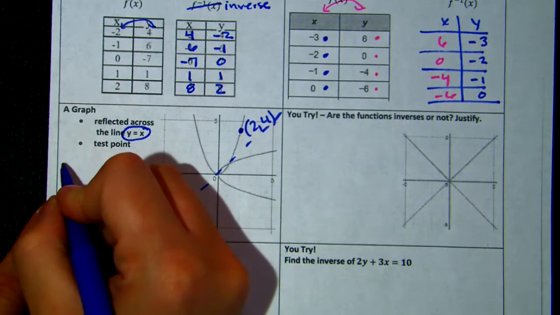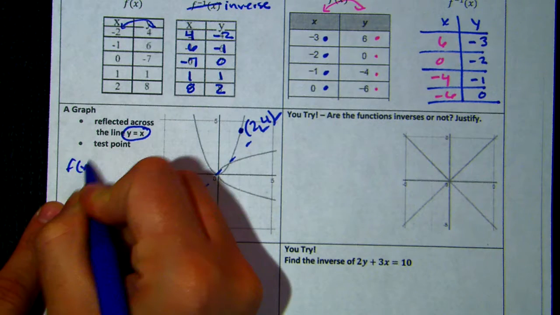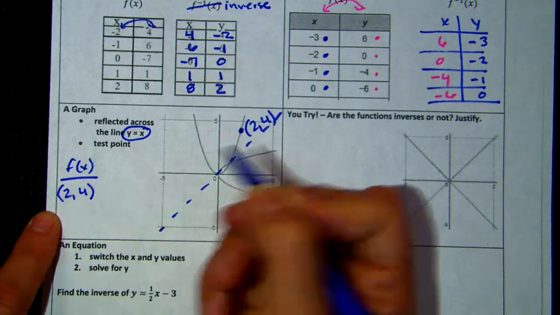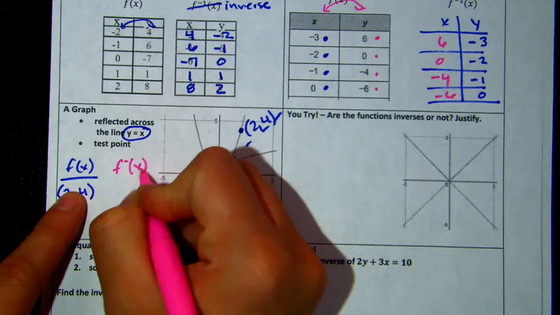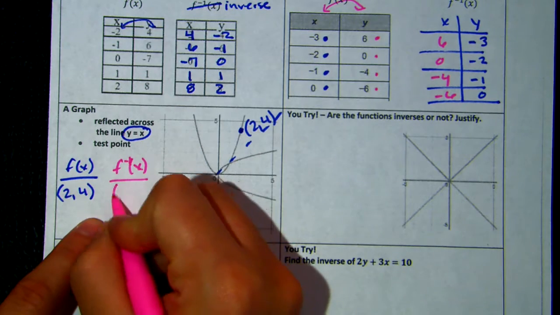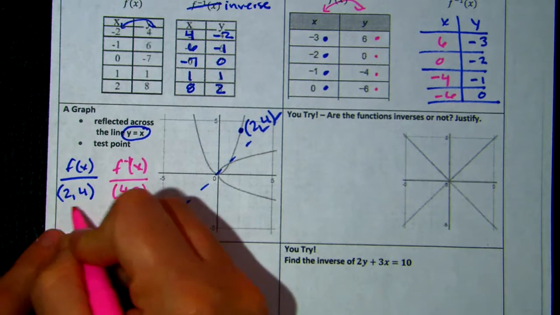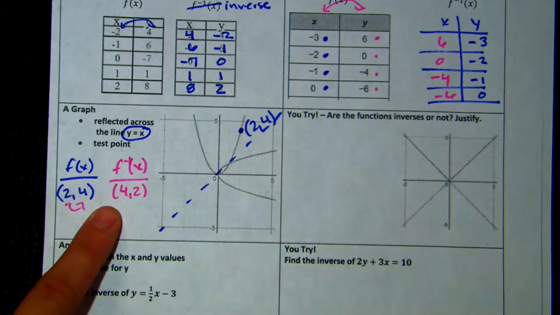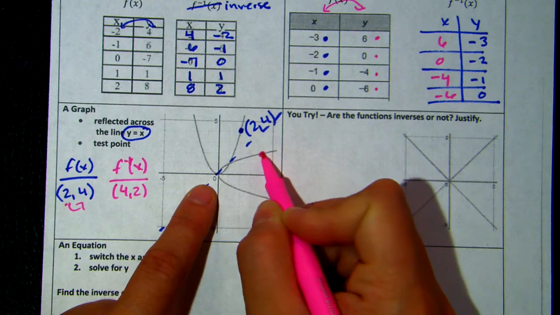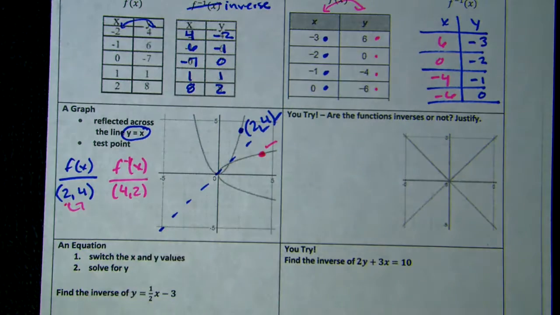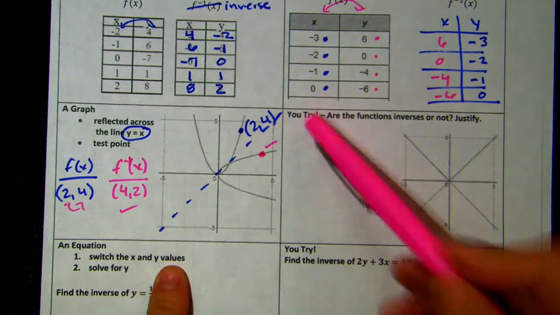Okay, so if 2, 4 is on my function, then on my inverse function, there has to be the point 4, 2, right? Because they have to switch. So then I go over here and I go 4 up 1, 2. That point does lie on my function, so I know that these are inverses of each other. Okay. So test points are another way that you can double check yourself if the reflection line doesn't make as much sense.